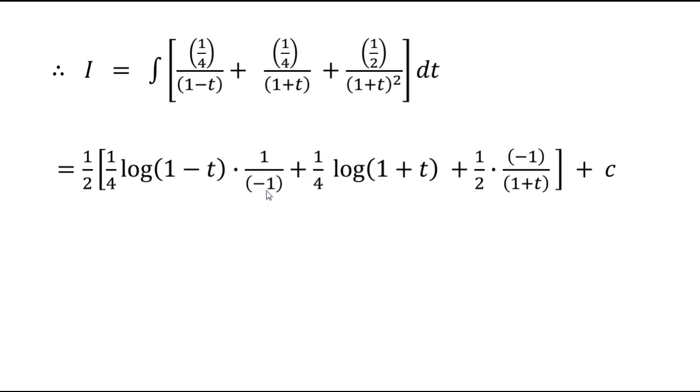The coefficient of t is minus 1. That's why this minus 1 has come here. Here also that 1 upon 4 will come out, and integration of 1 upon 1 plus t is log 1 plus t. And integration of 1 upon 1 plus t square is minus 1 upon 1 plus t.